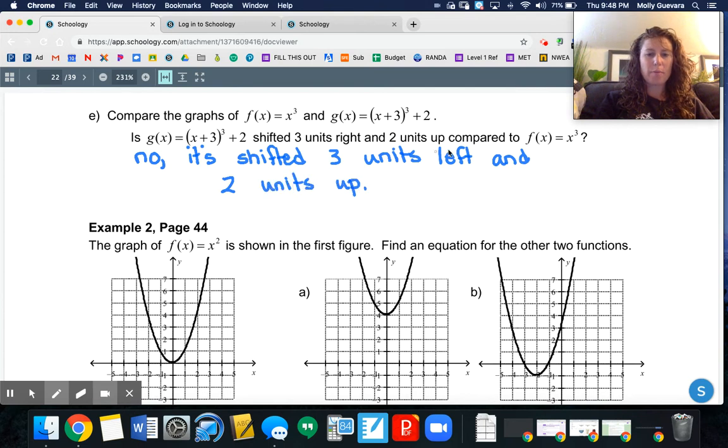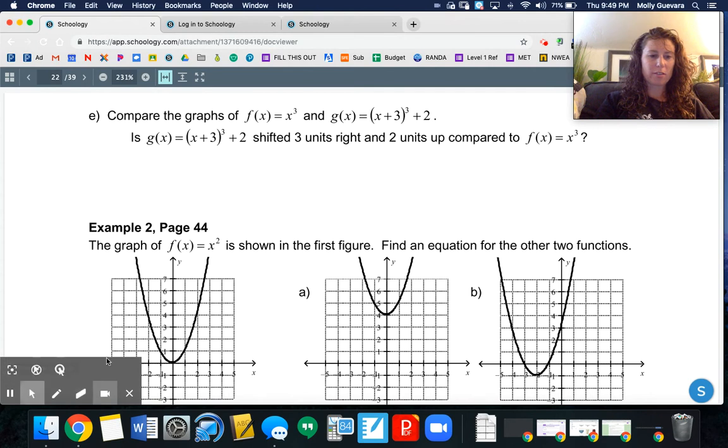So the up part they were right about, but they said that it was going to the right, but it's actually going to the left. Again, if I set x plus 3 equals 0, I get x is equal to negative 3. And you don't have to do this part, or you could do this part in your head, but just to show you why we're getting those answers.